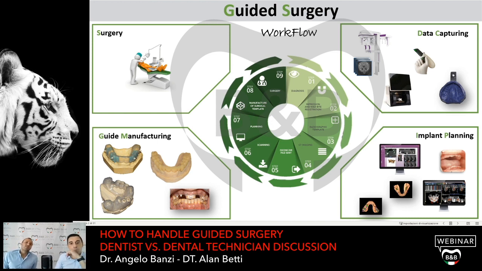So it's really important to know how to treat every operative step and how to manage it in the right way. So today you will have the dentist's point of view and a more technical point of view coming from Alan.